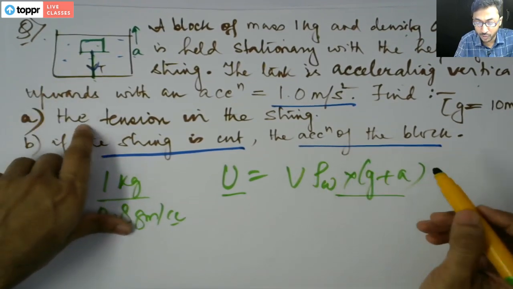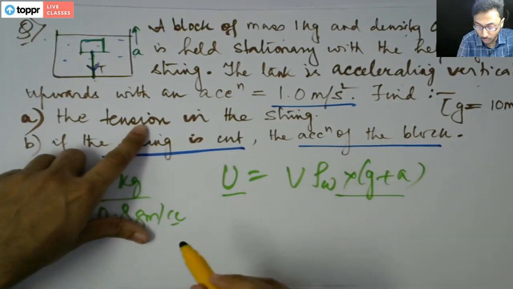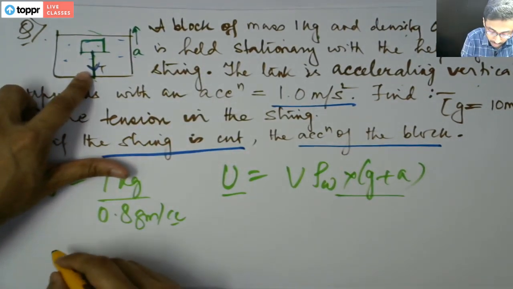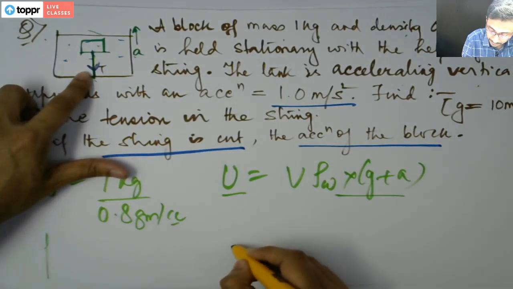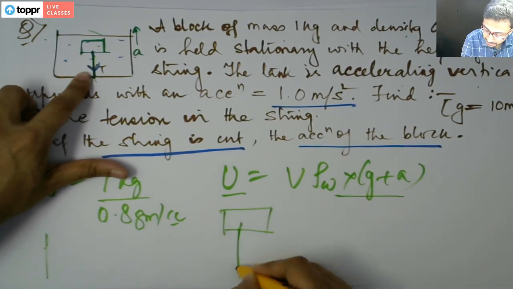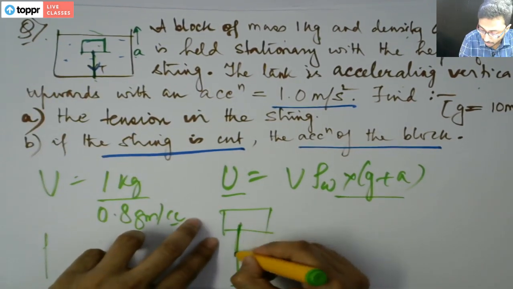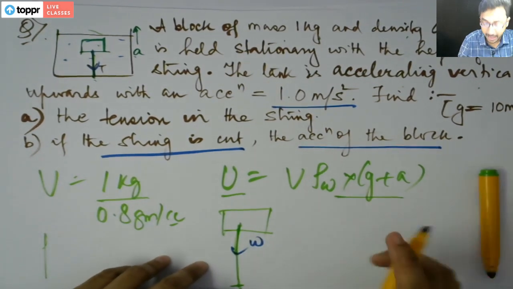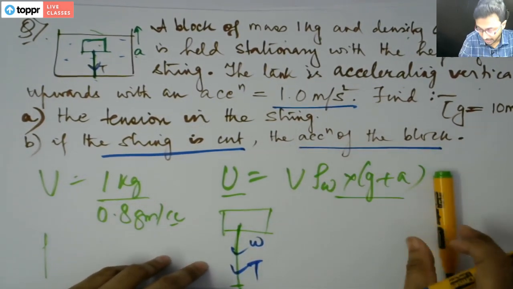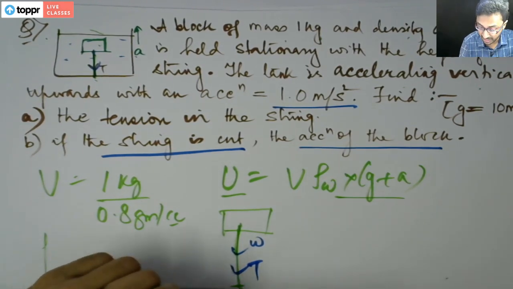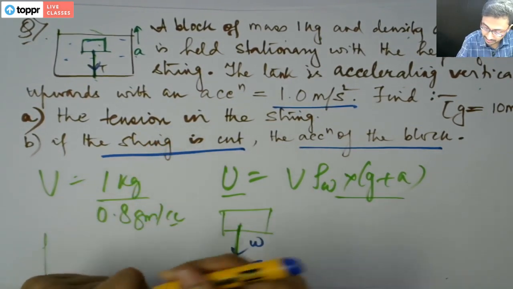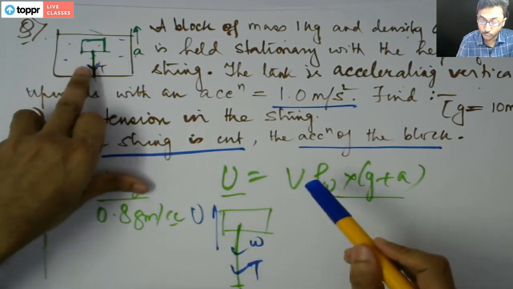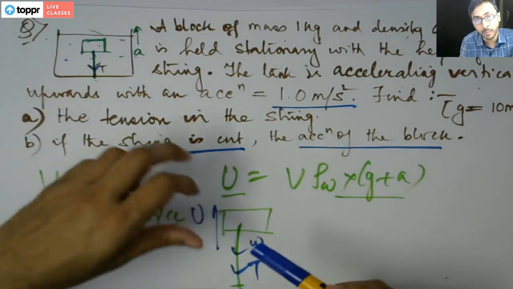Now we have to find out the tension in the string. Try to analyze what forces are acting on this box. One is the weight of the box and the other is the tension T. They are pulling it in the downward direction, and the upthrust is in the upward direction, and the whole system is moving in the upward direction.